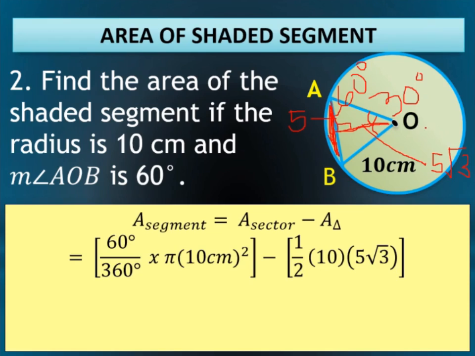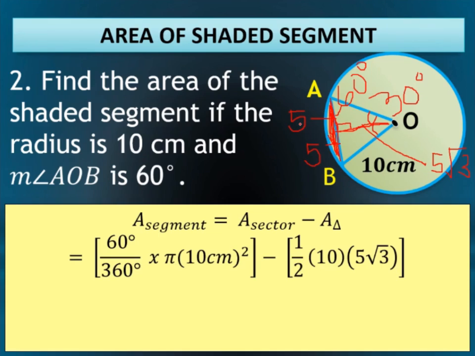So in this case, this line segment will be our height of the triangle. And for the base, since this one is already 5 centimeters and there is another part here, this will be equal also to 5 centimeters.